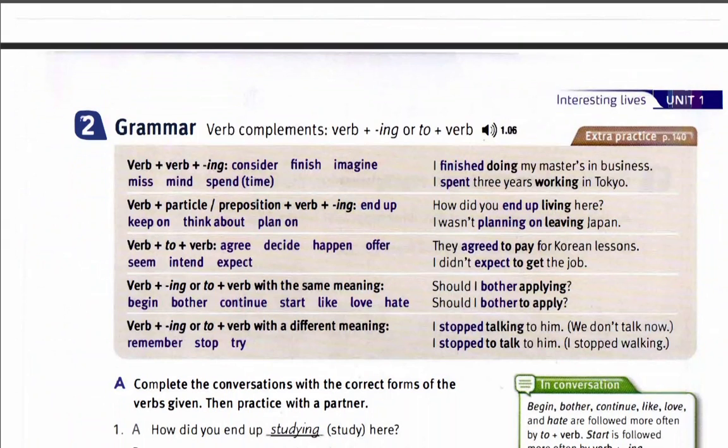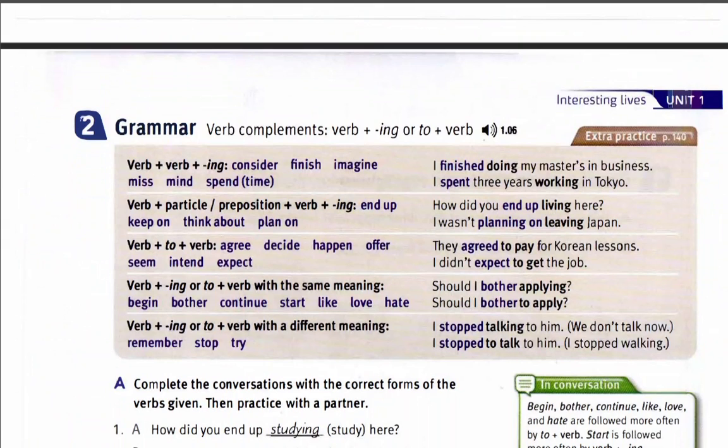These verbs are end up, keep on, think about, plan on. How did you end up living here? I wasn't planning on leaving. Okay? So for those verbs, verb plus particle or verb plus ing, preposition plus verb plus ing, when you see those verbs, we're going to use the ing form.